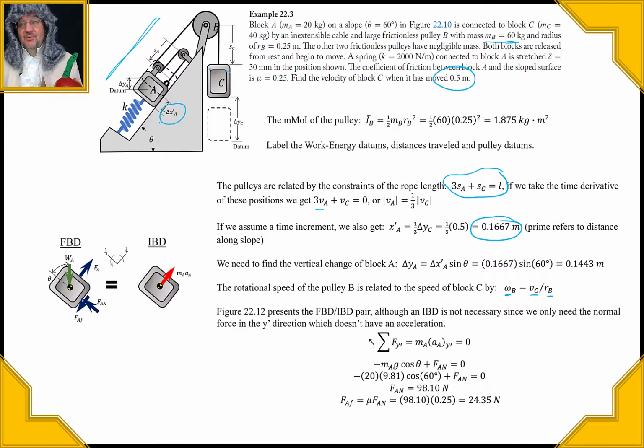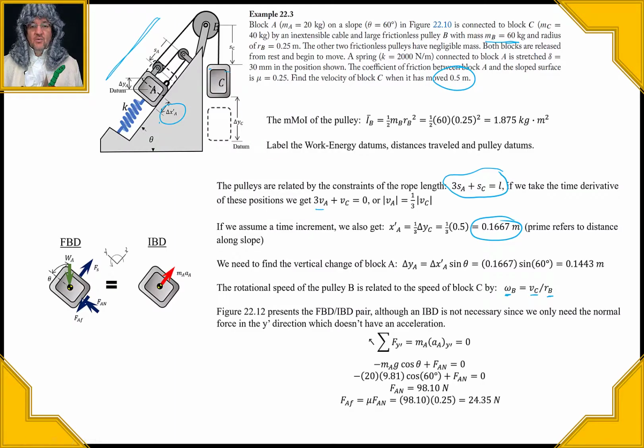And we weren't even given the static coefficient of friction, but there is some wild case where all the masses and that kind of thing, or the spring constant and everything, could be set so that the thing wouldn't move when you released it. But we're going to go ahead and assume that it does move and that C is going to be moving downwards. But something we might want to check just to double check for ourselves.